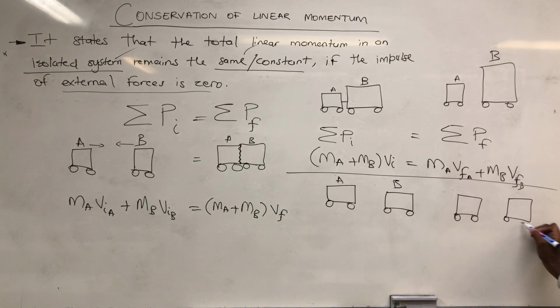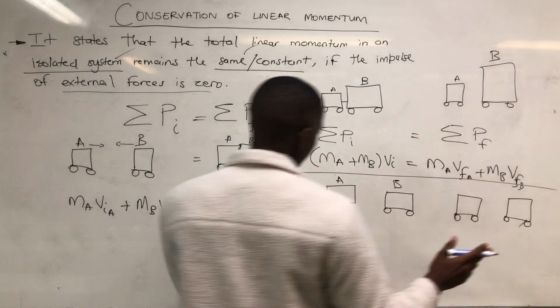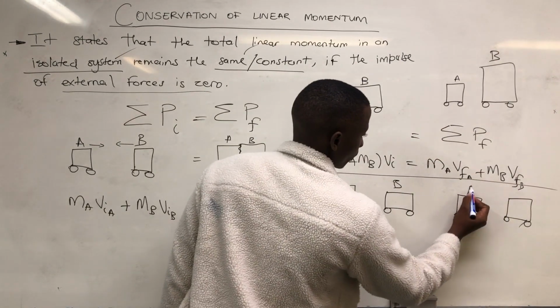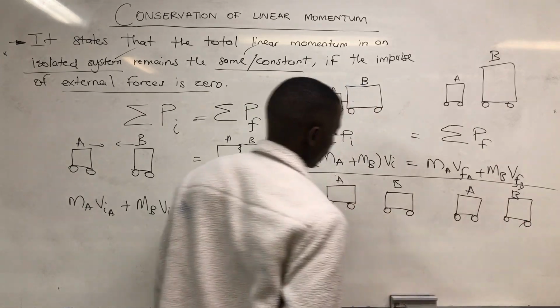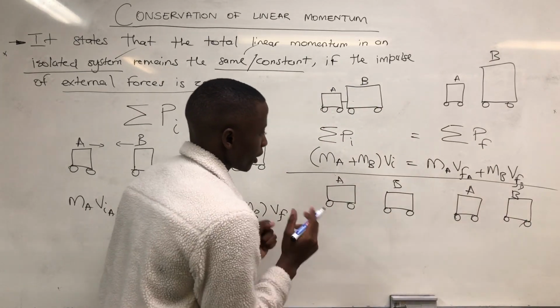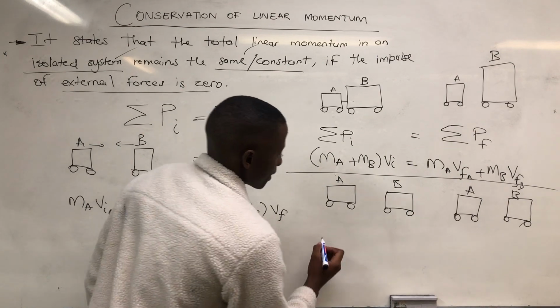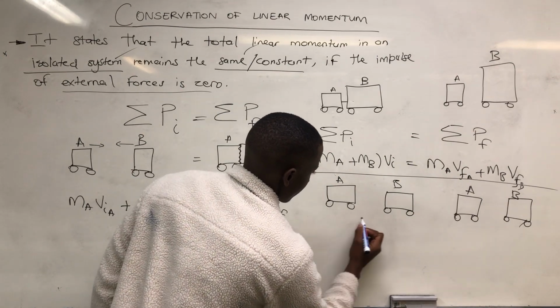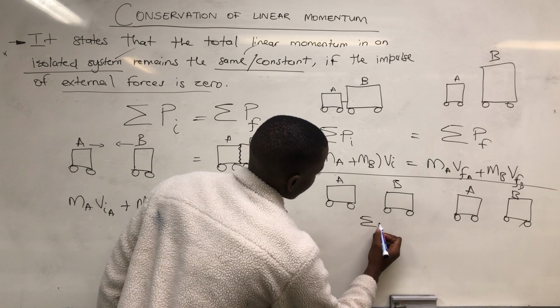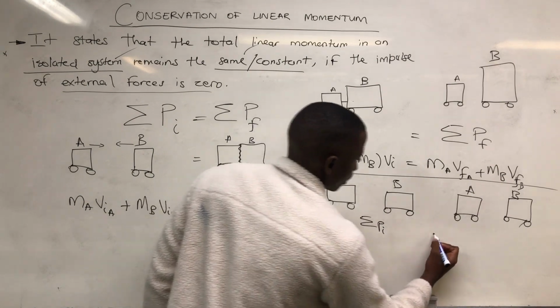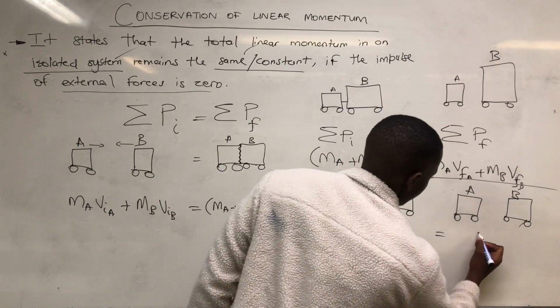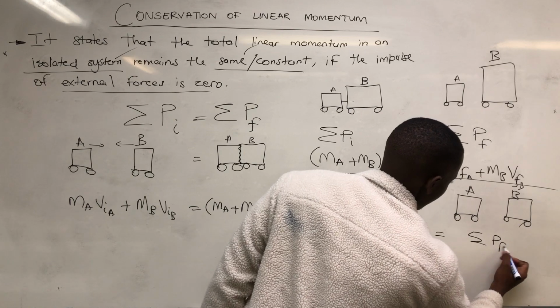If they are separate objects, you can clearly see that this is our A, and this is our B. So initially, this is the sum of the initial momentum, which is equal to the sum of the momentum after.